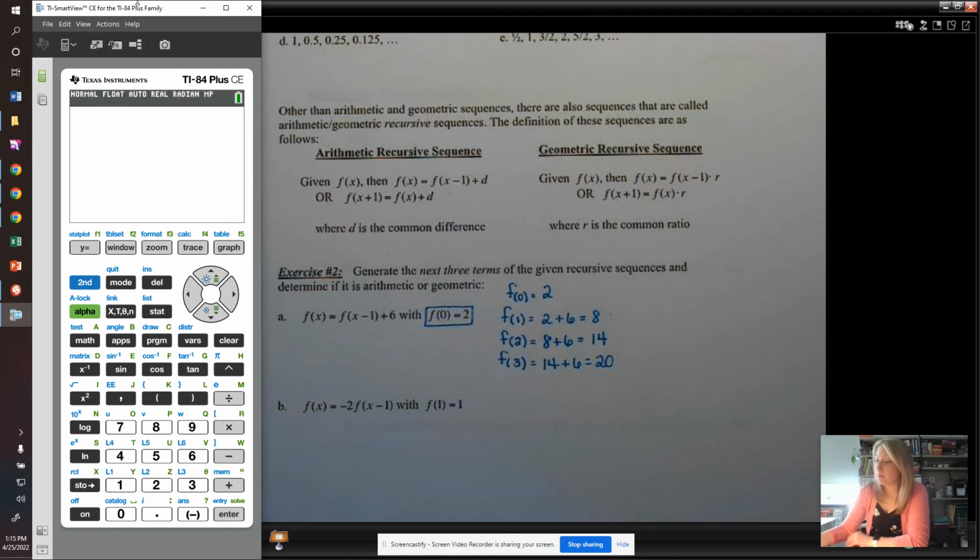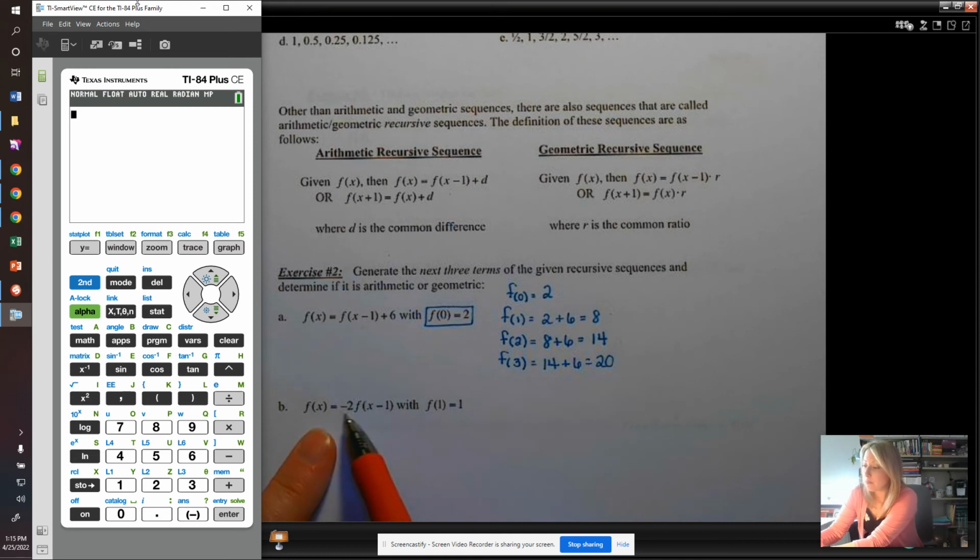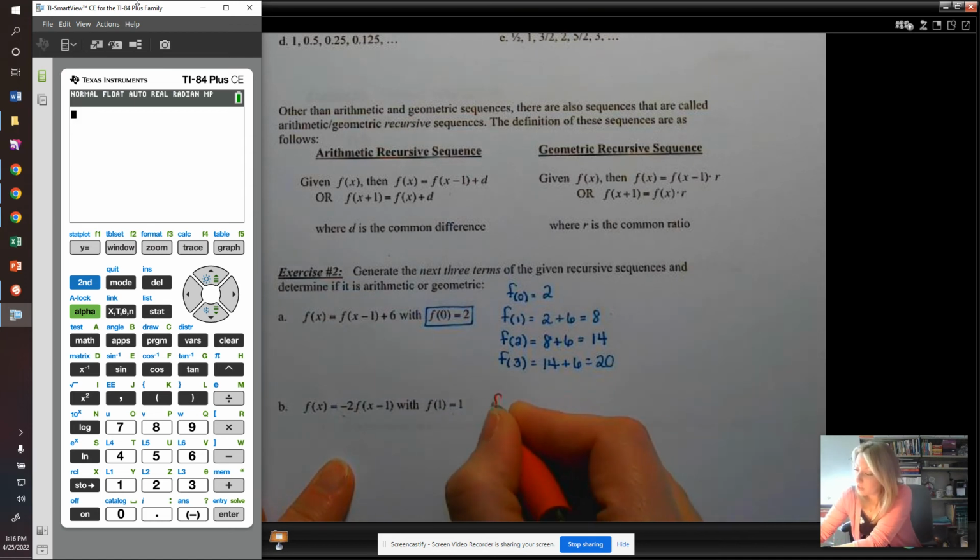Now in B, I can tell that this is going to be geometric because I'm multiplying by -2. So this time to figure out my sequence, I'm going to multiply by -2, and I'm going to start with the first term, f of 1 is equal to 1. So I start with the given first term.